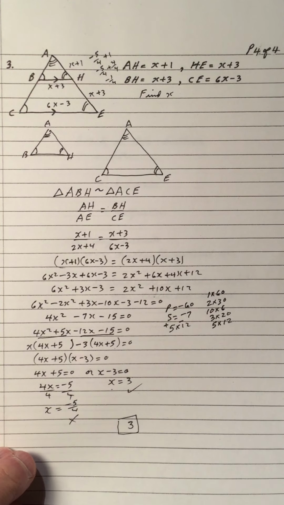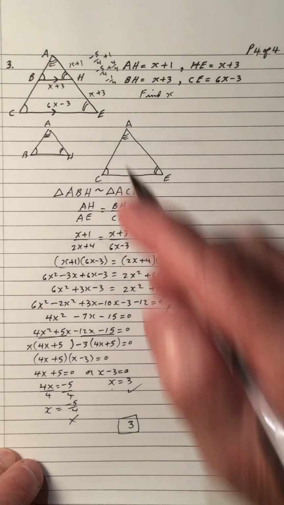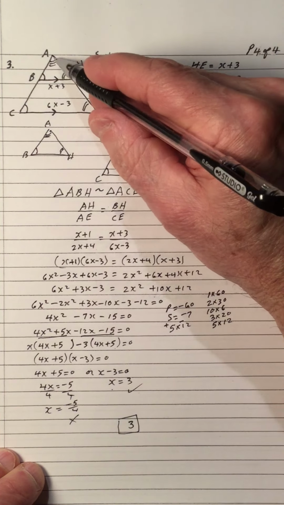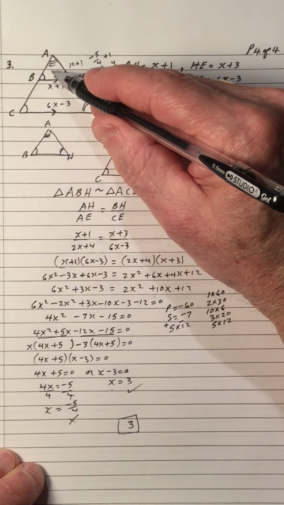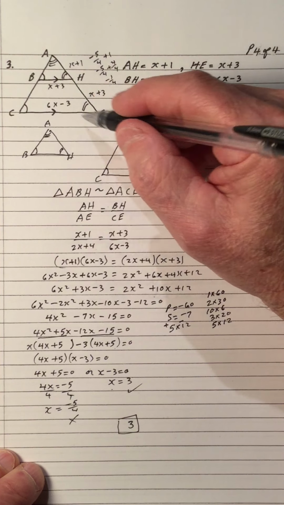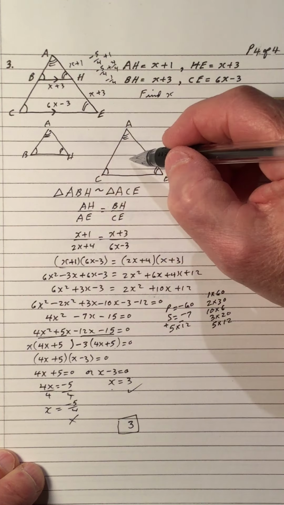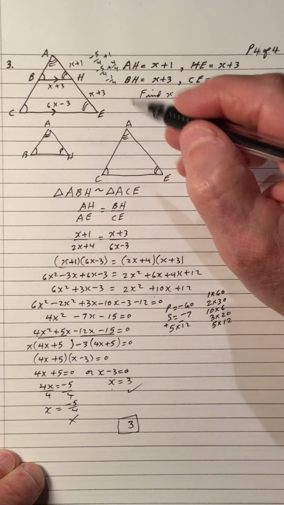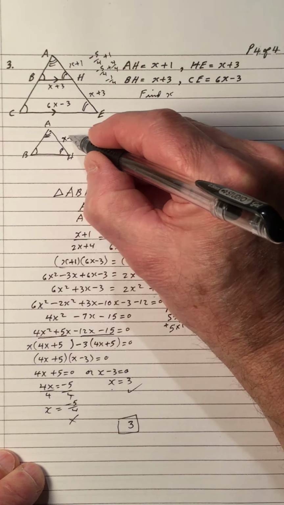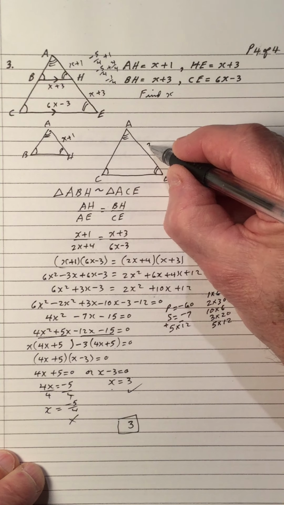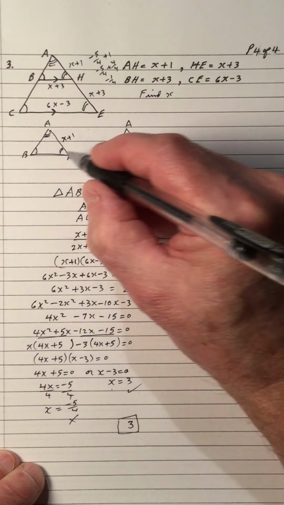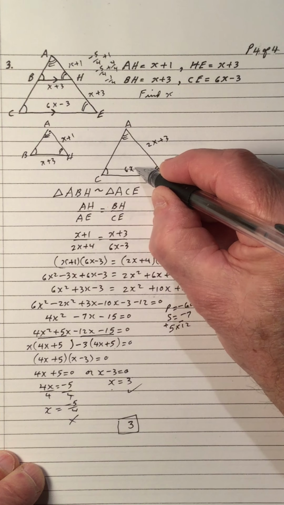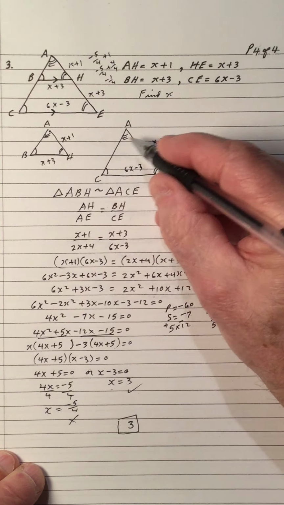Again, just a different one, but it's based on knowing similar triangles. You didn't have to do a full formal proof. You just recognize that the triangles have equal angles and are similar. Notice I drew the two triangles as I did in my unit on similarity, putting in the lengths of the sides like that, 2x plus 3, x plus 3, and 6x minus 3.